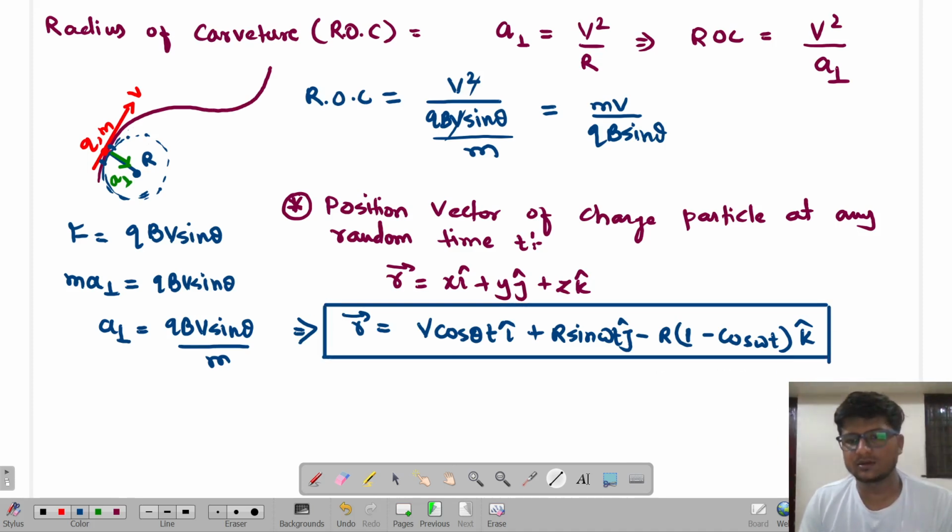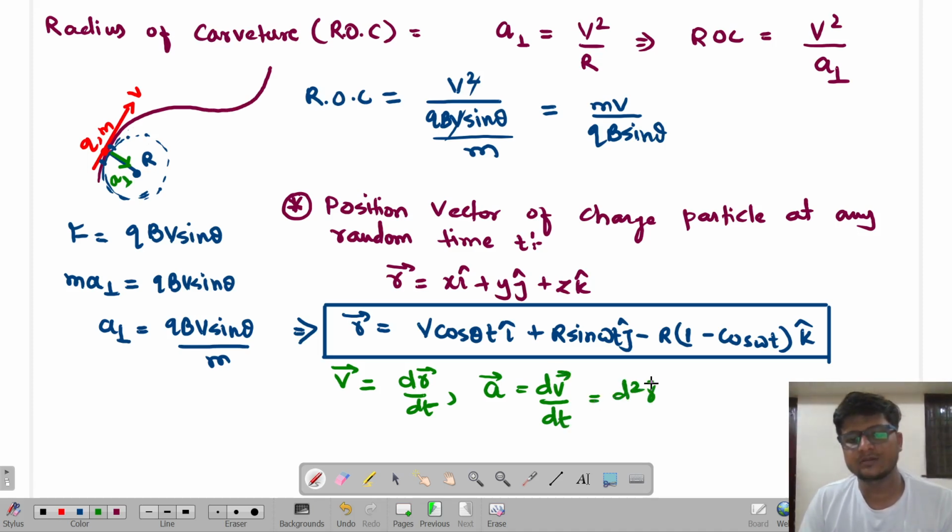And if someone asks you what the velocity at any time t is, velocity at any time t is nothing but dr vector by dt. And net acceleration at any time t is nothing but dv by dt, or d2r vector by dt squared. Is this clear or not?